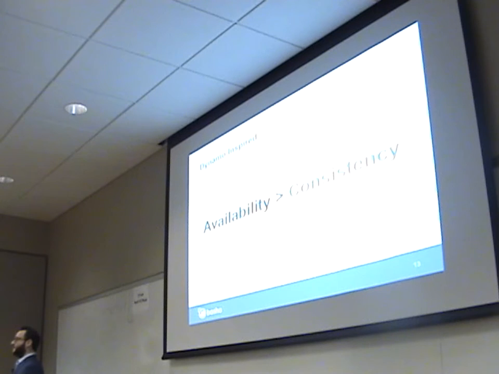RIAK in particular is distributed, and all data persistent systems are governed by the CAP theorem: consistency, availability, and partition tolerance. Basho made the particular decision, considering our distributed nature, to have availability trump consistency.